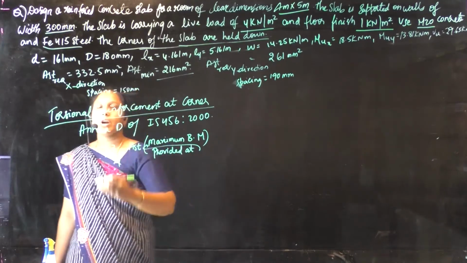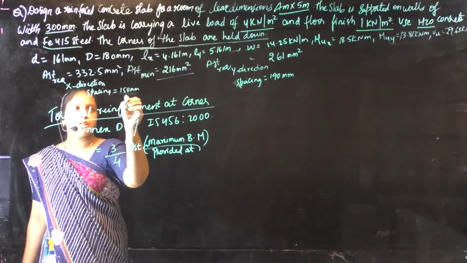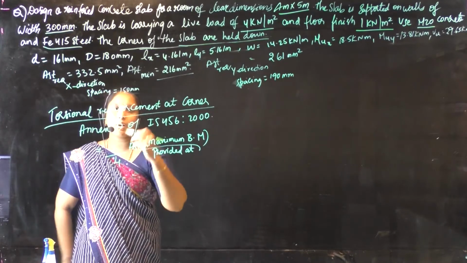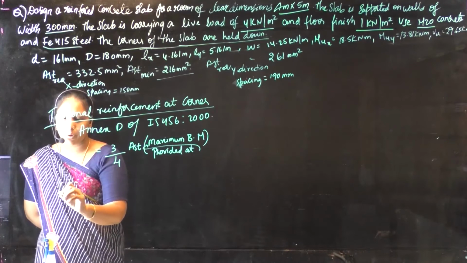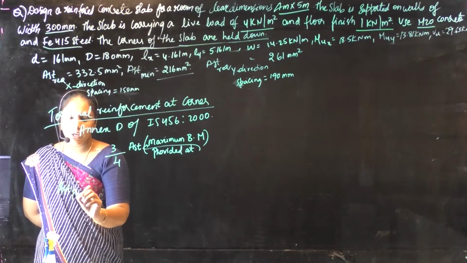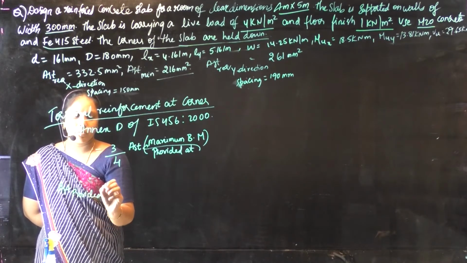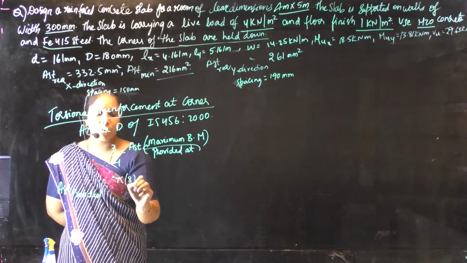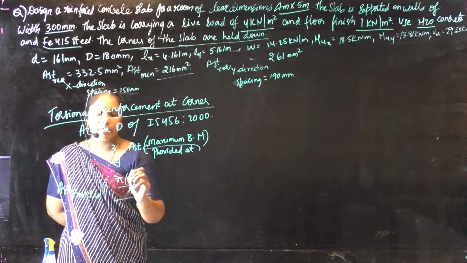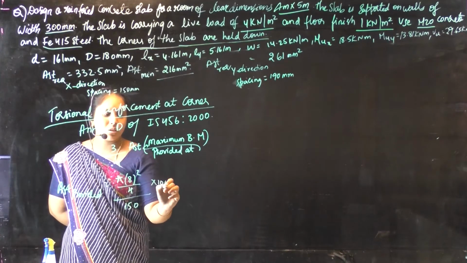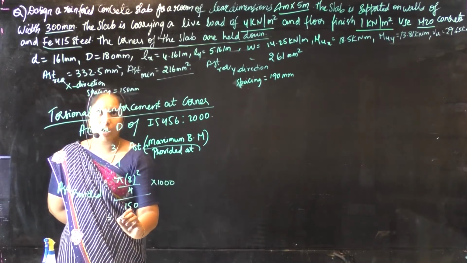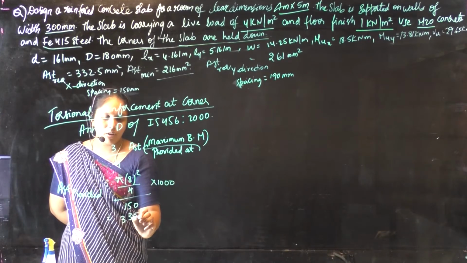From that we have found out the spacing and got it as 150 mm. So from that we have to calculate the AST provided. So AST provided will be equal to pi into d whole square divided by 4 divided by the spacing, which we have provided as 150 mm, into 1000. If you solve this, you'll get a value of 335 mm square.